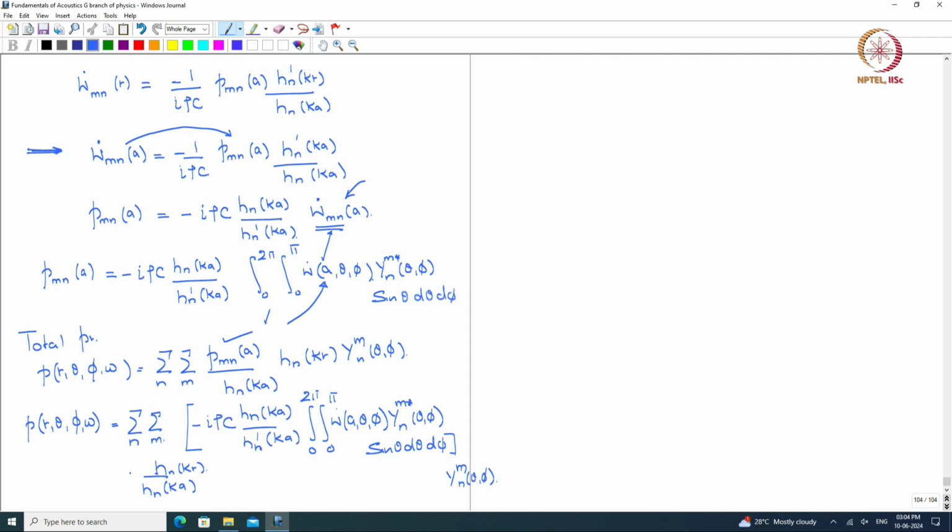So now that there is no confusion here, because theta phi are integrated, I will make them dummy variables. These are dummy variables, theta dash phi dash, so that there is no confusion with this theta phi, because I am looking at pressure at r, theta, phi, that should remain, and these are dummy variables, okay.